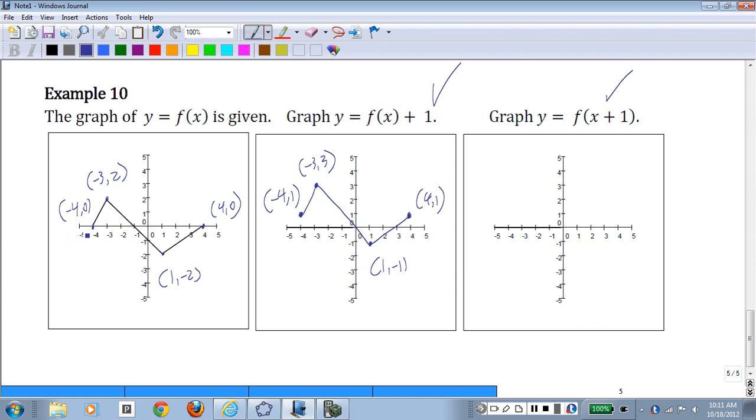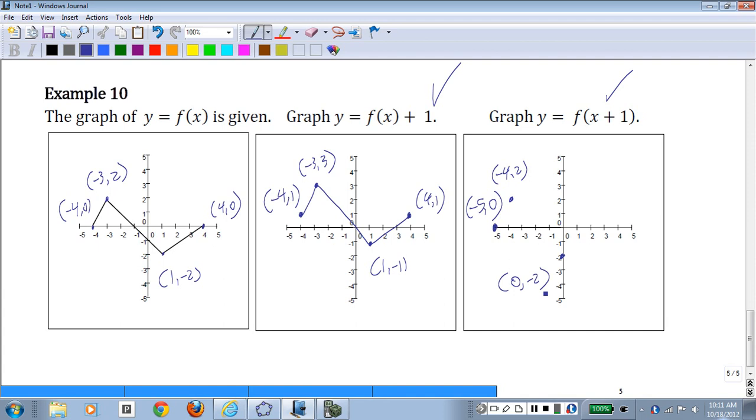So (-4, 0) goes where? Would you believe (-5, 0)? 1 to the left. (-3, 2) goes to (-4, 2). (1, -2) goes to (0, -2).